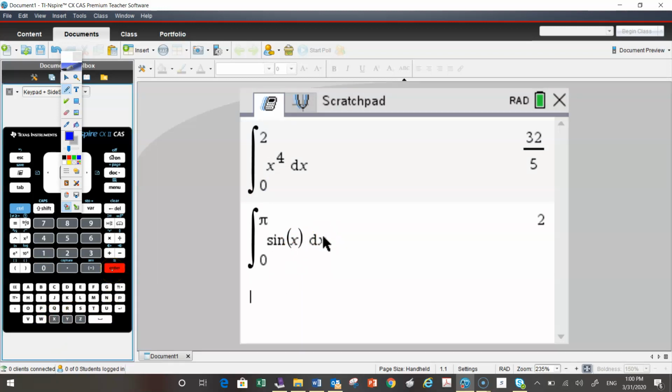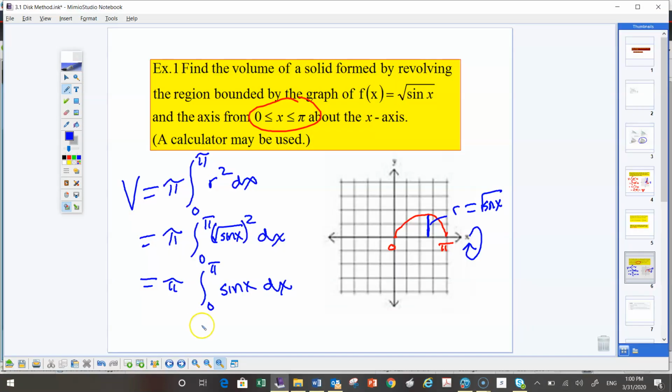And that works out to be 2. So my integral is 2, and if I multiply it by the pi out front, my final answer for the volume is 2 pi. If I rotate this whole red region around the x-axis, I get a football-shaped object. It would have a volume of 2 pi.